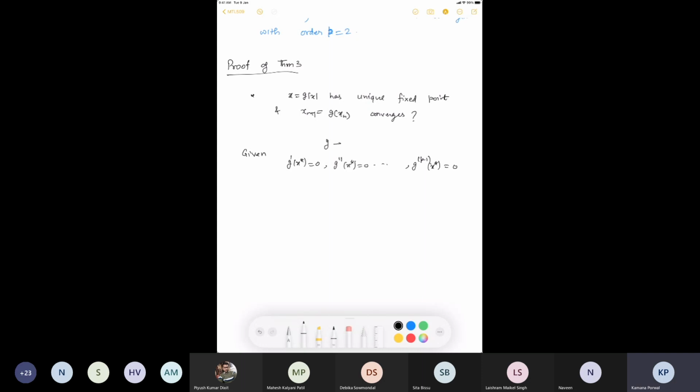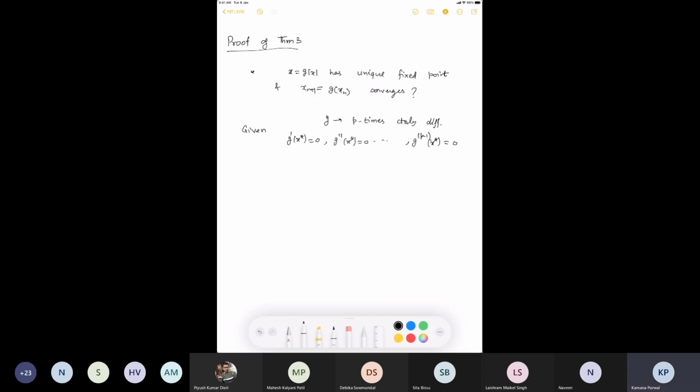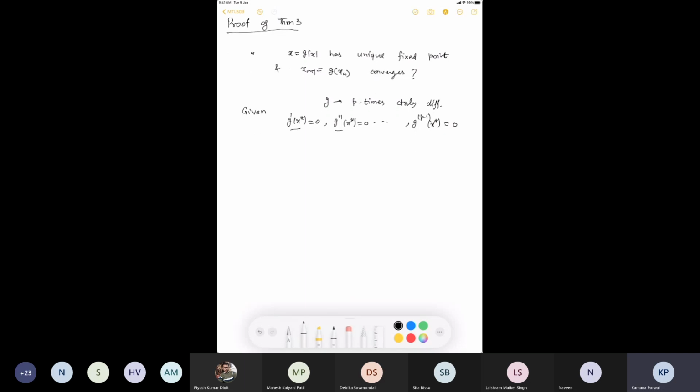And g is given to be p times continuously differentiable. Right? So the only thing where I can think of applying all the derivatives is Taylor's theorem. So I'm simply going to apply Taylor's theorem so that I can make use of this information.